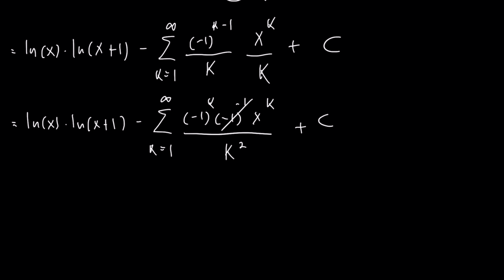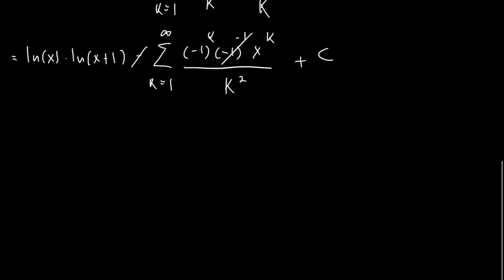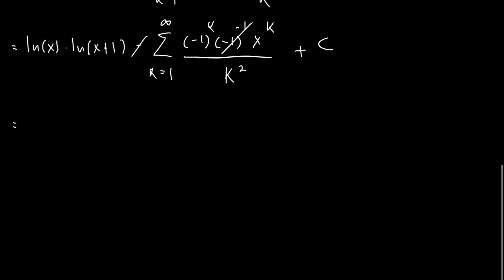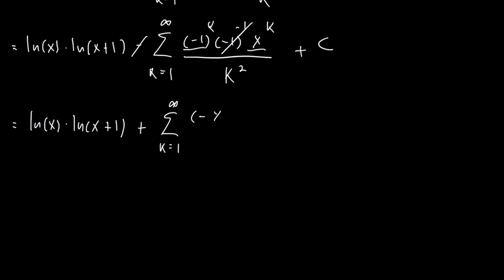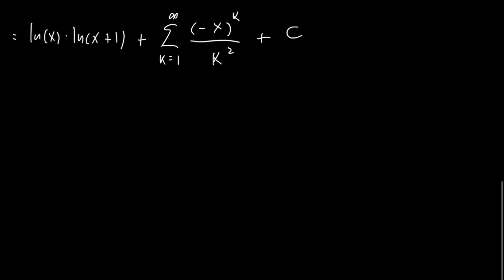But as you notice, we could cancel these negatives into a positive. And we have the following: the natural log of x times the natural log of x plus 1 plus the sum from 1 to infinity. We can combine the negative 1 to the k and x to the k as negative x to the k over k squared plus the constant of integration.